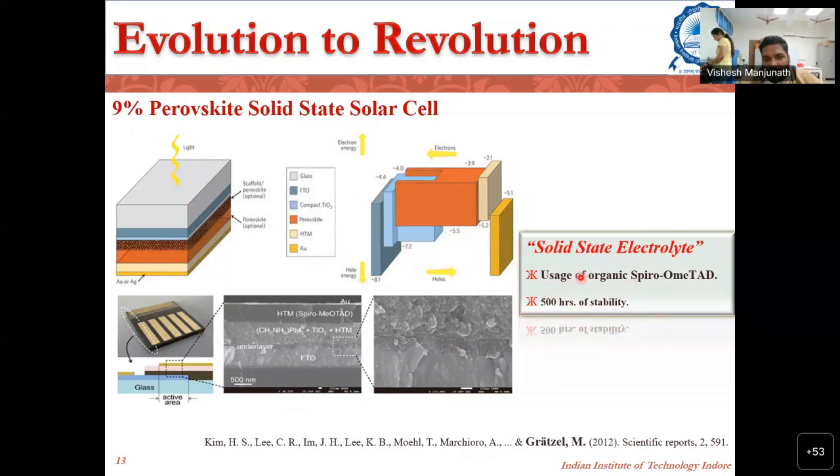This solid state thin film evolution of perovskite from sensitized perovskite captured a lot of people's interest after 2012, and then the solar cell started evolving.